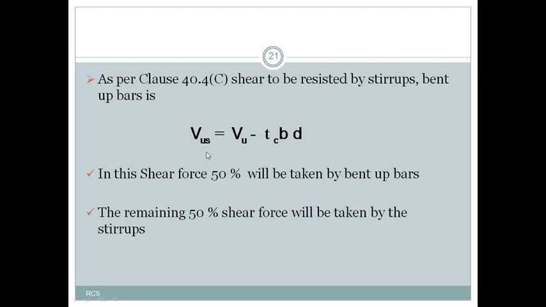Based on that, we have to calculate the number of stirrups to be provided, the diameter of stirrup, and the spacing of stirrups based on the leftover 50% of the shear resisting capacity of the shear reinforcement.